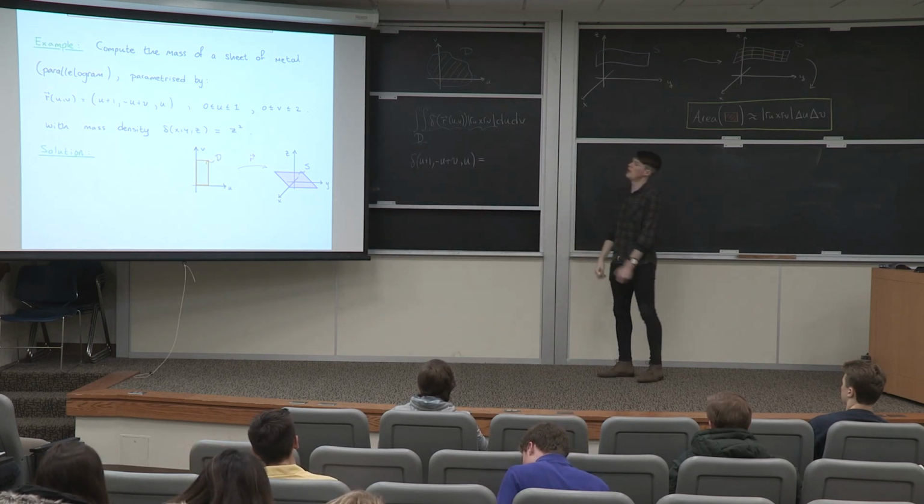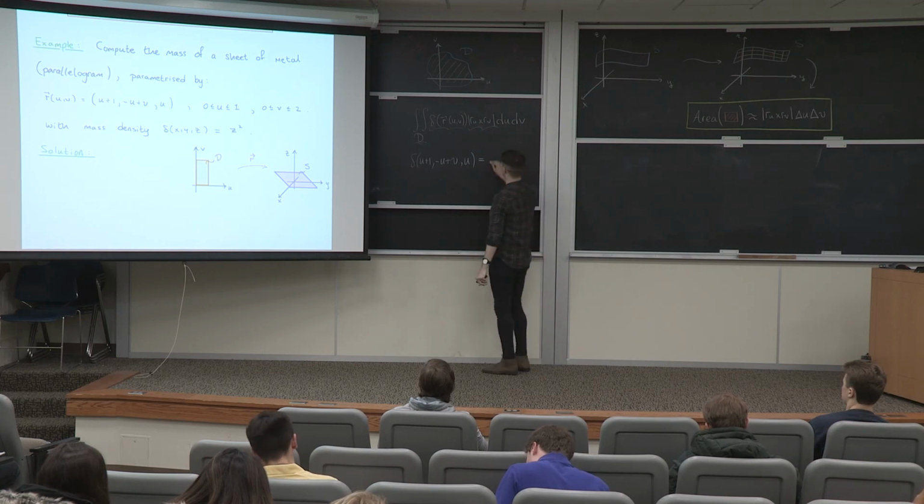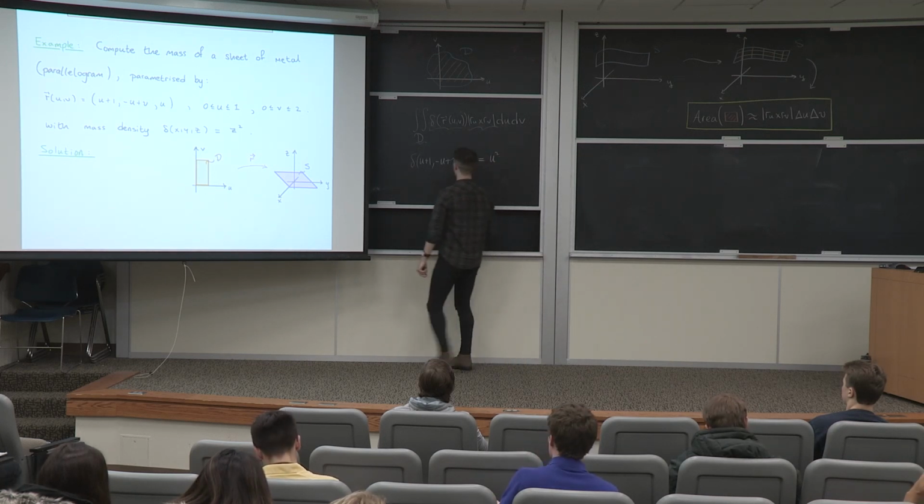So, if delta of x, y, z is z squared, then delta of this is just going to be u squared. Very good, right?